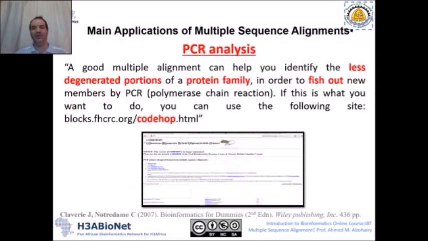One of the good applications is also PCR analysis. In PCR analysis, you can design primers from the degenerated portion of your protein family, or the less degenerated portion, so the most conserved part of your family, in order to fish out new members by PCR, of course.